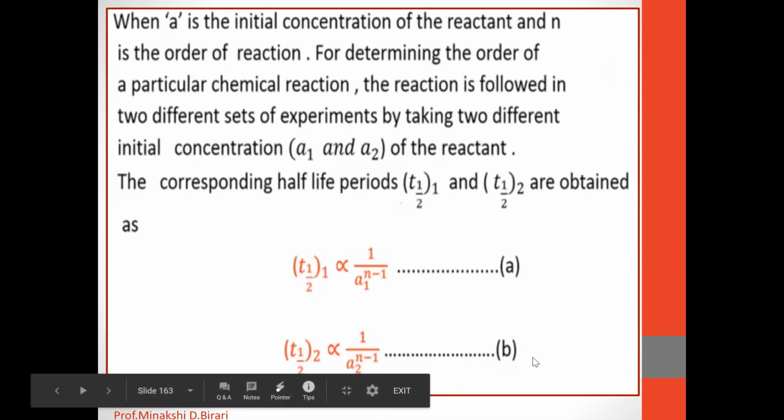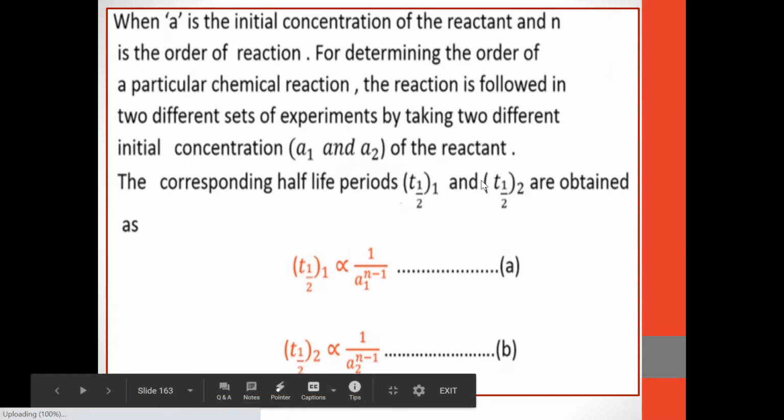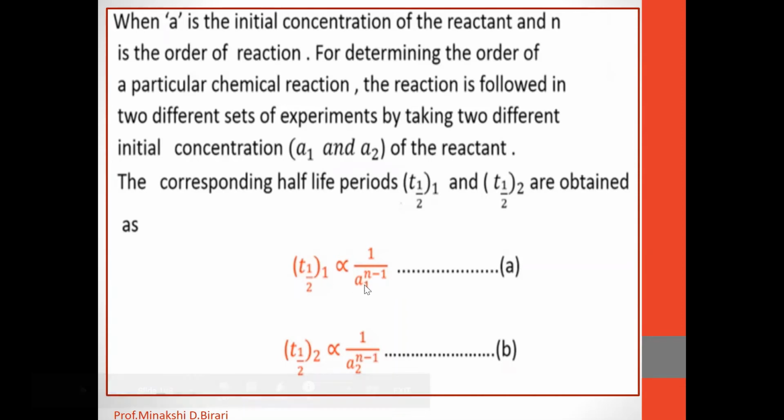So in general we can write for nth order reaction T half is inversely proportional to A raised to n minus 1. If we consider two different initial concentrations A1 and A2, then we have these two equations.